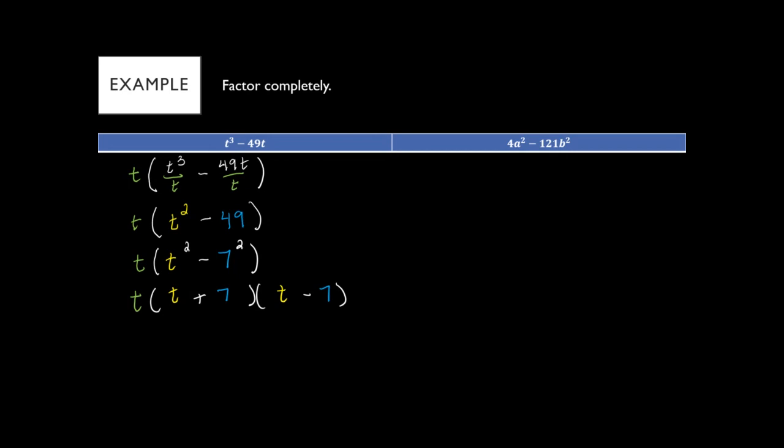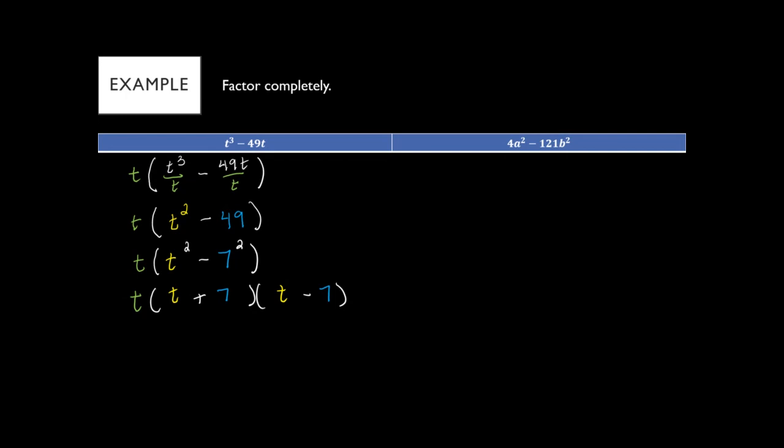So let's look at our 4a squared minus 121b squared. So we've got multiple variables going on here, and these can get tricky for people. But we have a difference of squares because we have a squared, we have b squared, and 4 is 2 squared, 121 is 11 squared.